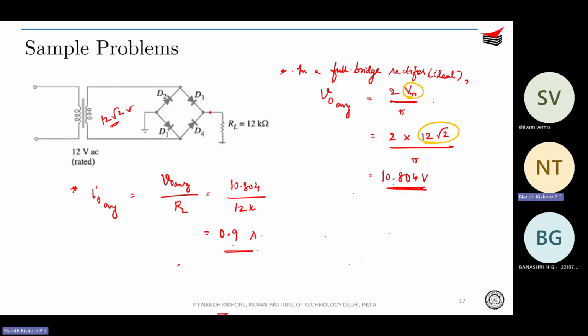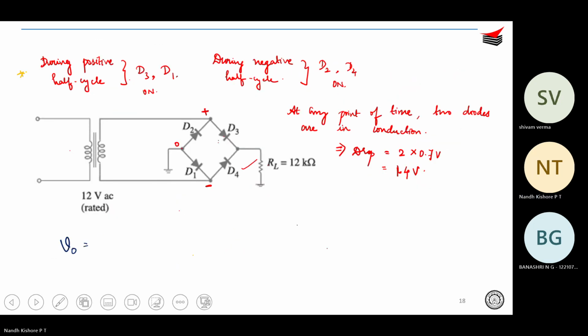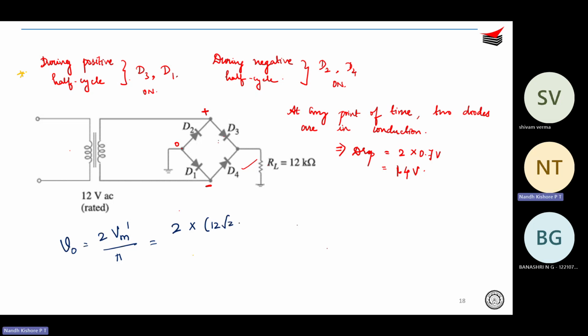That is why now V0 would be 2 Vm dash by pi, where Vm dash is 2 into 12 root 2 minus the voltage drop, which is 1.4, divided by pi. So what is the voltage you would be getting? We account for the drop, right? Two diodes are in conduction, which is 2 into 0.7, 1.4 volts.